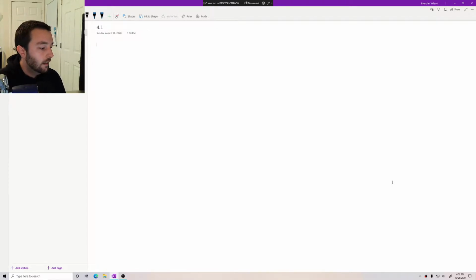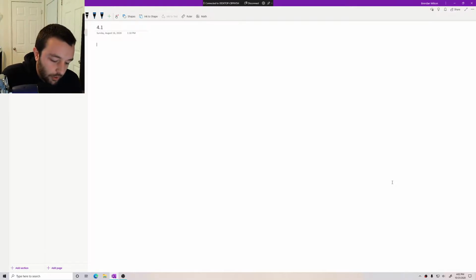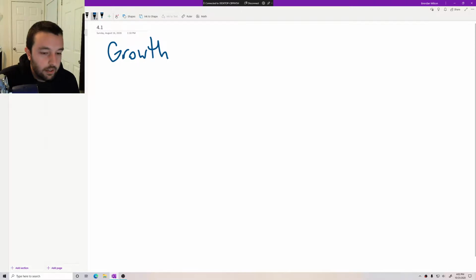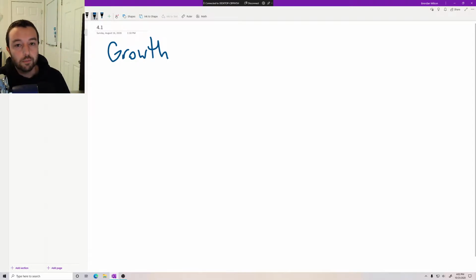Okay. So this section is called growth. So it's about how things grow. So what do we mean by that? Well, in the last chapter that we did, chapter 5, which comes after this chapter in the book, it talks about simple interest versus compound interest.